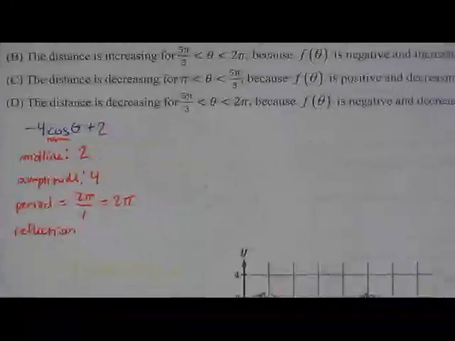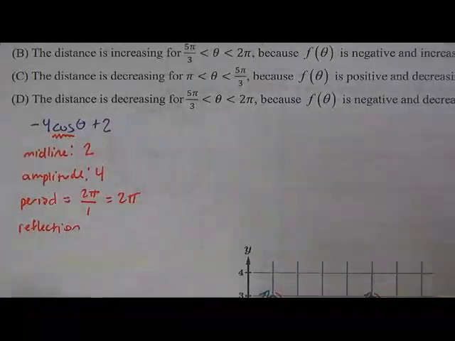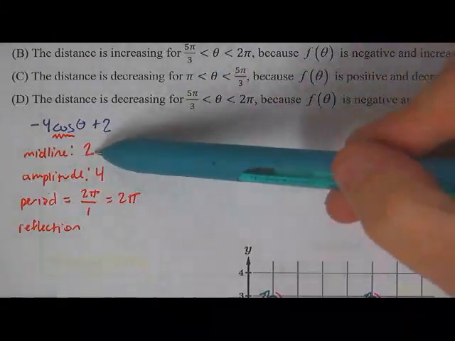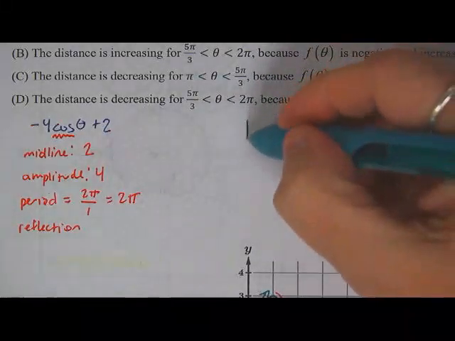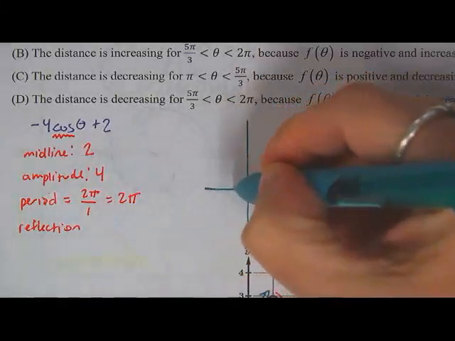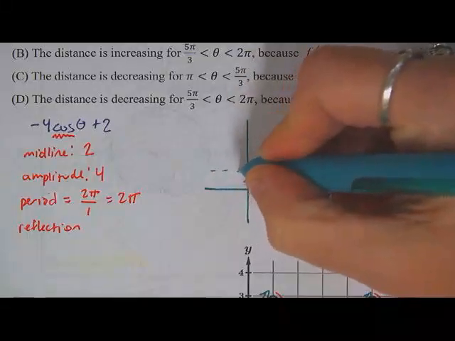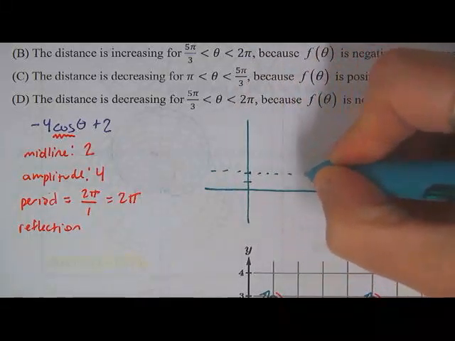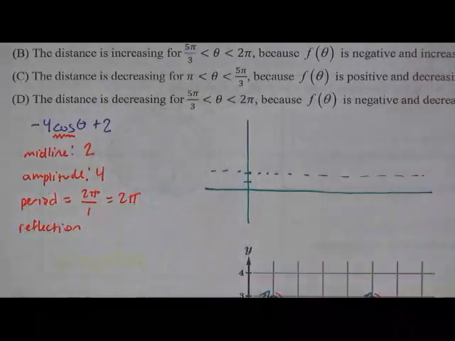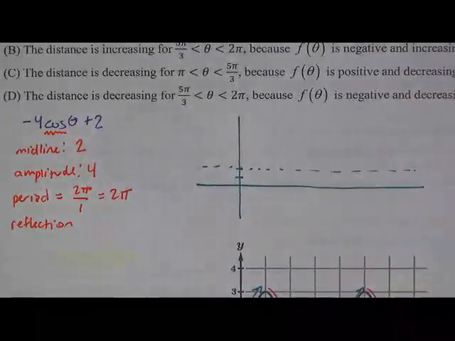So I'm just going to coach you through how I do this in case it's helpful. If I know the midline is up there at 2, then I'm just going to drop this axis down a little bit so that I can draw a midline right here at 2. And then I look at the fact that my amplitude is 4.